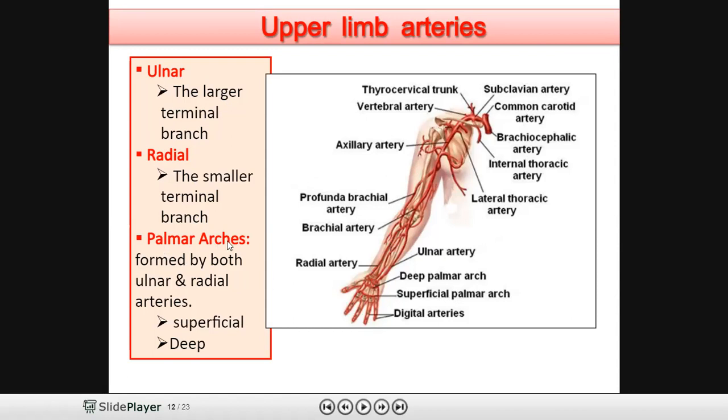Then the palmar arches are formed by both ulnar and radial arteries, superficial palmar arch and the deep palmar arch, which we already saw here. So the ulnar artery is larger than the radial artery. Good.